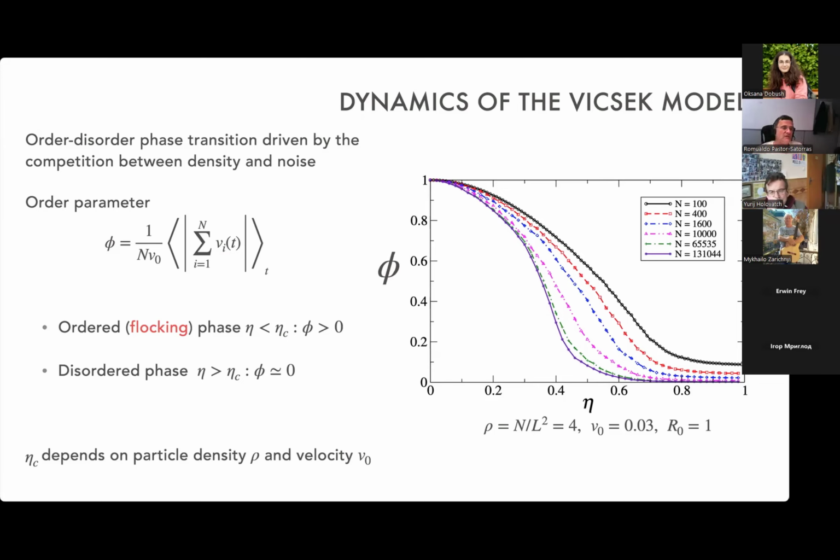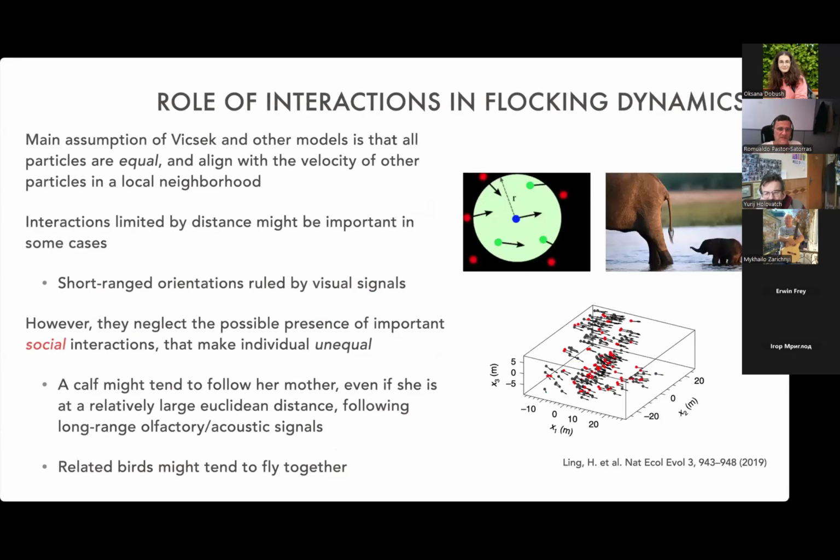They can travel forming bands for some time in the ordered phase, and then they become disordered, and they travel again in bands, etc. So the dynamics of this system in two dimensions is more complex than a simple second-order phase transition, as this numerical result might suggest.